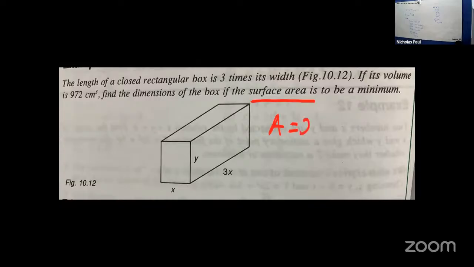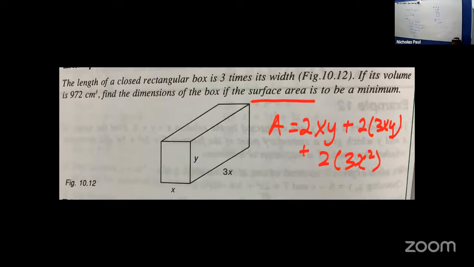It will be 2 times x by y plus 2 times 3x by y plus what? What's the last side that's missing? 3x by x, so 2 times 3x by x. Can we minimize that? No, we have a problem. The problem is the y.